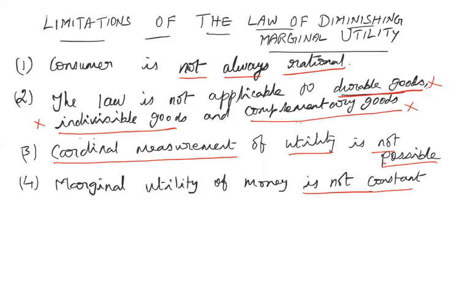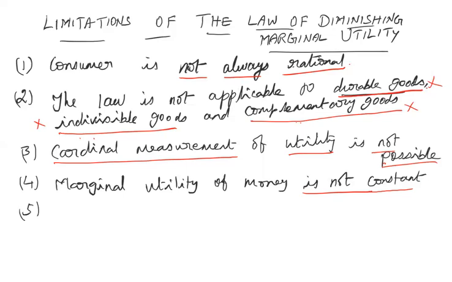So if he stops purchasing at the third mango, we will not know that at the fifth mango he is getting the maximum satisfaction, and at the sixth mango he is getting negative satisfaction. It is not possible. In the actual world, no consumer will go to that extent, isn't it? So the consumer will give importance to money. That means the marginal utility of money is not remaining constant.